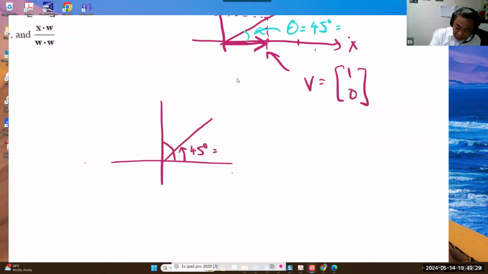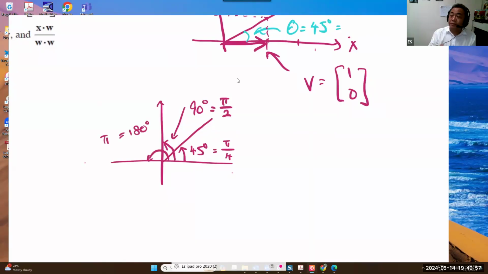If you don't remember, please remember what 90 degrees is. 90 degrees is how many pi? Correct, pi by 2. Therefore, 45 degrees is pi by 4. And of course, 180 degrees is equal to pi.